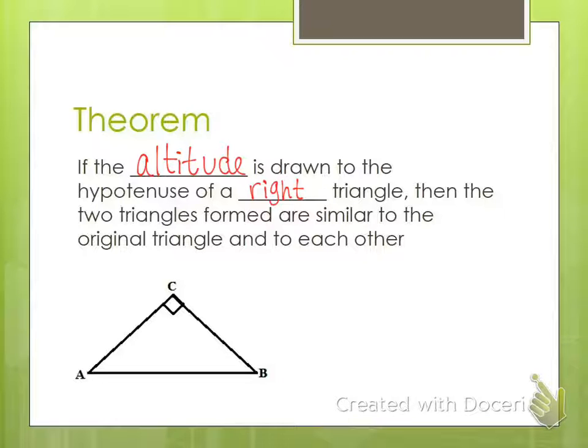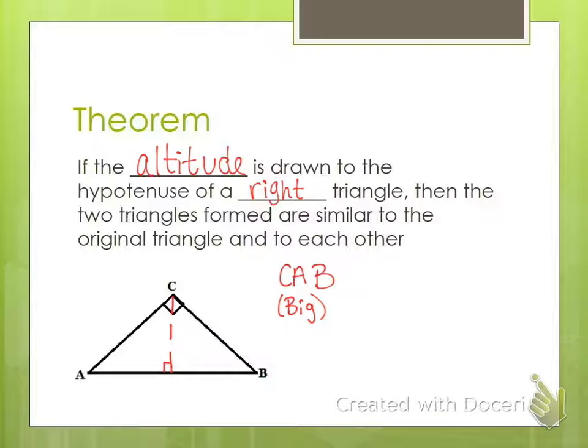First, let's just name our big triangle. What do you want to name it? CAB. Okay, so let's just have a name for our big triangle. We're going to drop an altitude to the hypotenuse, which means we're forming a right angle down there.